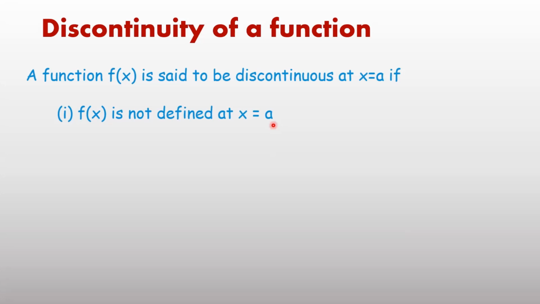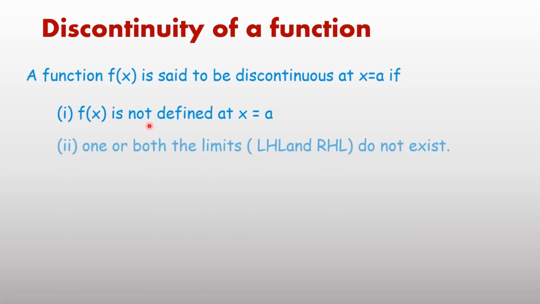Or if we take the function 1 upon x minus 2, here at x equal to 2 the function is not defined. If at any point the function is not defined, it implies that at that point the function is not continuous, or discontinuous.